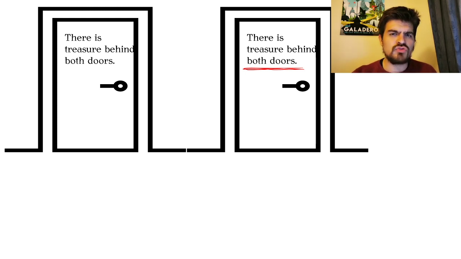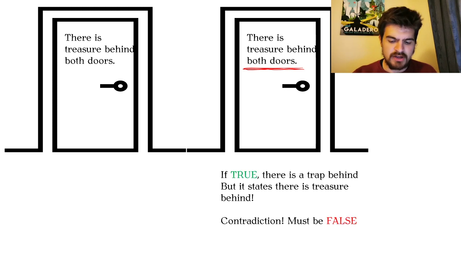But if it's true, then according to the guide, there should be a trap behind it, because this is what the guide says. But the statement states that there's a treasure behind it. So they cannot be both trap and treasure behind this door. So there is a contradiction here, right?